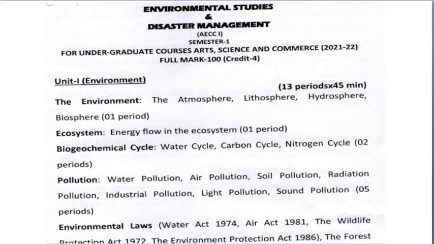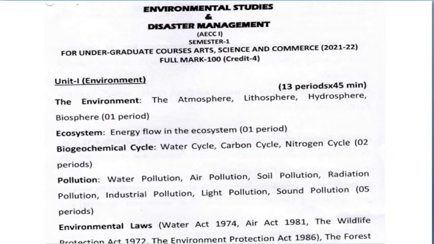Then you will learn about energy flow in the ecosystem. Then biogeochemical cycles, under which you will learn some fundamentals of the hydrologic cycle, meaning the water cycle. Then gaseous cycles, in which you have to learn about the carbon cycle and nitrogen cycle.